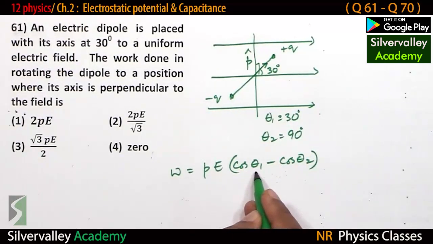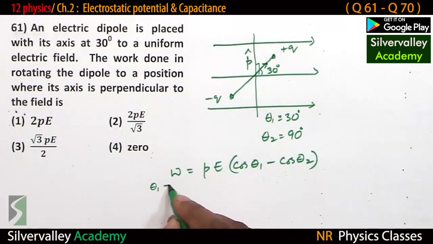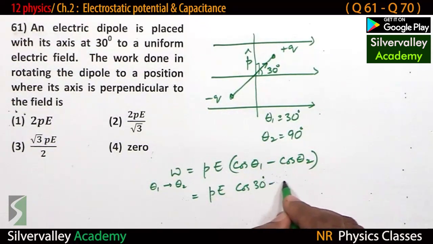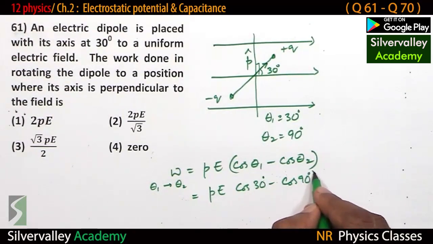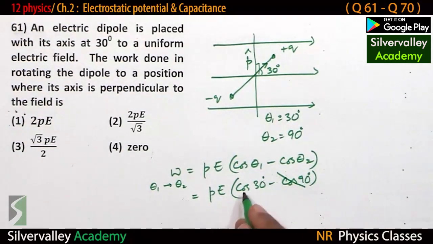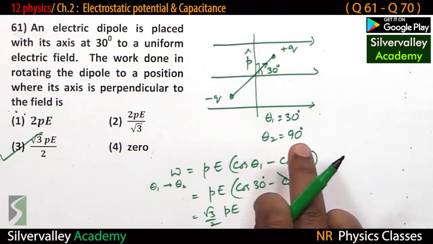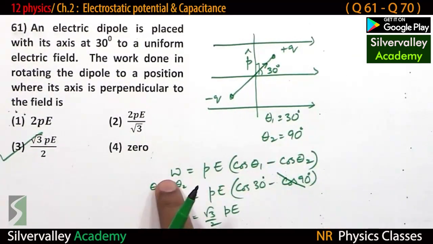Here rotation is from theta 1 to theta 2. PE (cos 30 minus cos 90). Cos 90 is 0, cos 30 is root 3 by 2. So in such problems, you should identify the initial angle and final angle, and then take care of the equation.